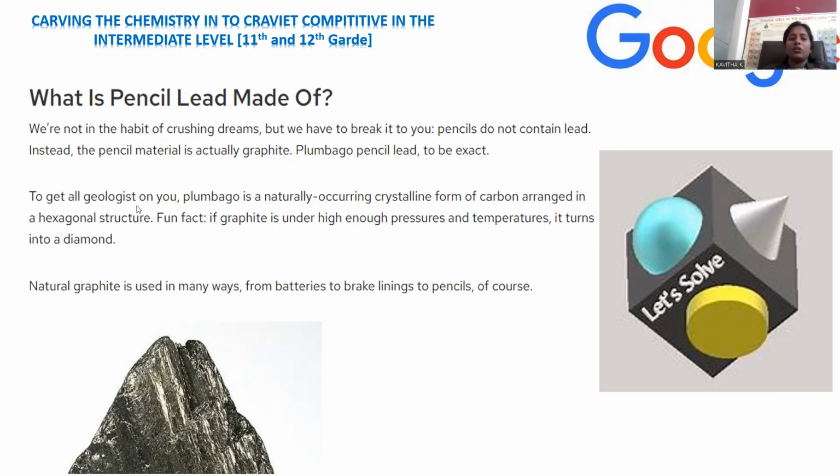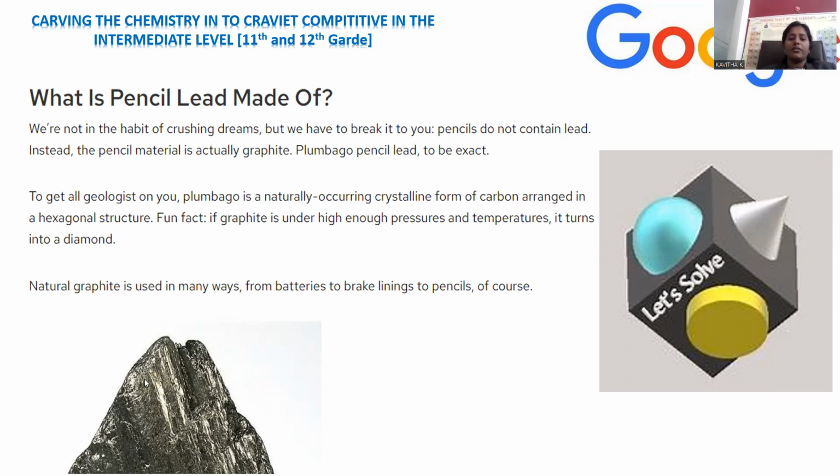Plumbago is a naturally occurring crystalline form of carbon, arranged in a hexagonal structure. In fact, if graphite is under high enough pressure and temperature, it turns into diamond. It is possible to convert graphite into diamond by applying suitable optimal conditions, right?